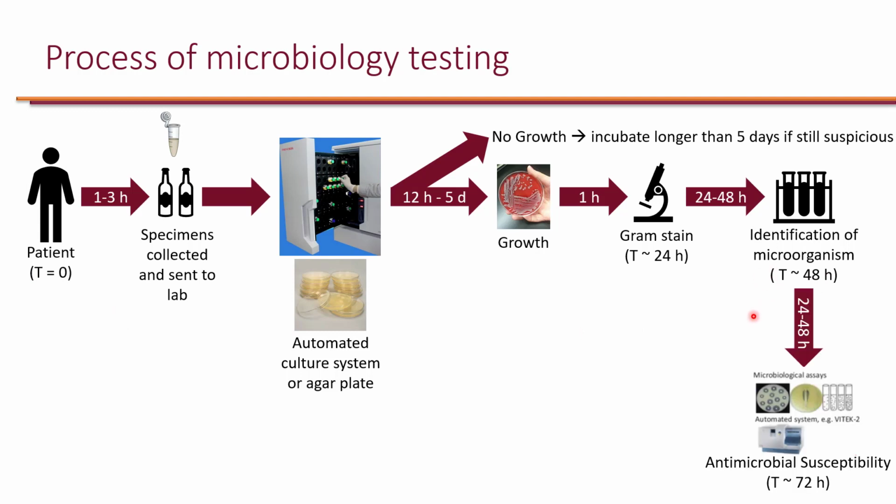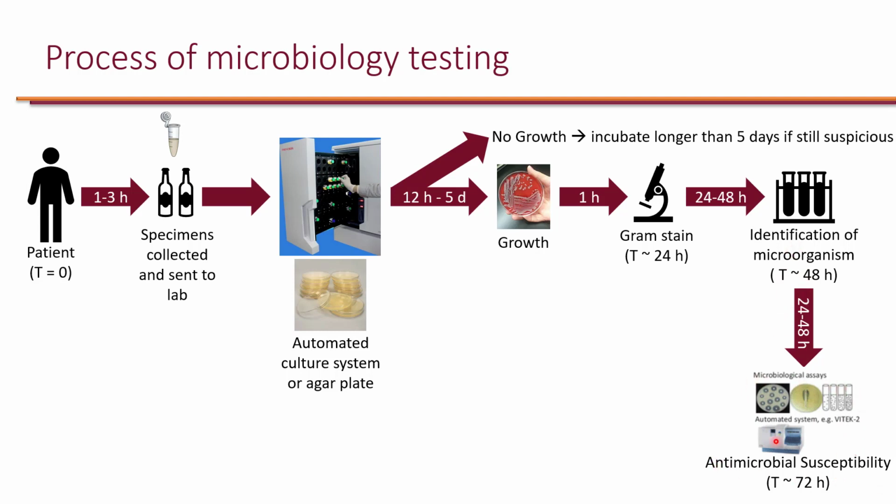And once an organism is identified, so for example, if they say this is E. coli, then the next step would be to identify antimicrobial susceptibility. So then, it typically takes another 24 to 48 hours to do various testing, and we will go over some of these susceptibility testing.